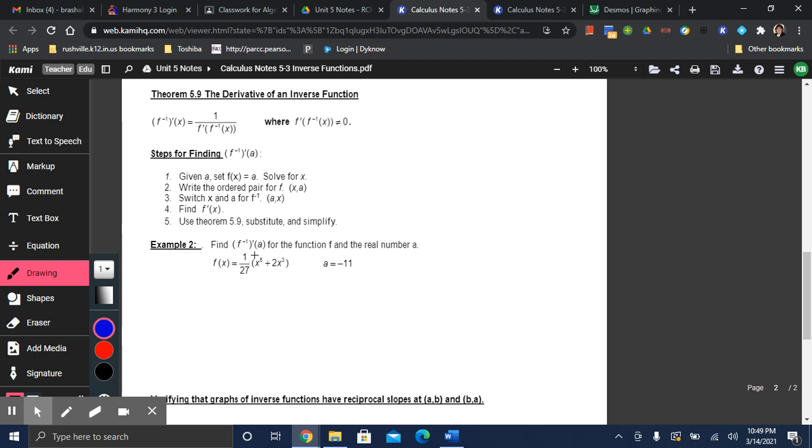So I chose a little bit more of a difficult problem to illustrate this with, because you are not able to switch the x and y and solve this one for y. So if we needed to find the derivative at a certain value, we would need to use this theorem.